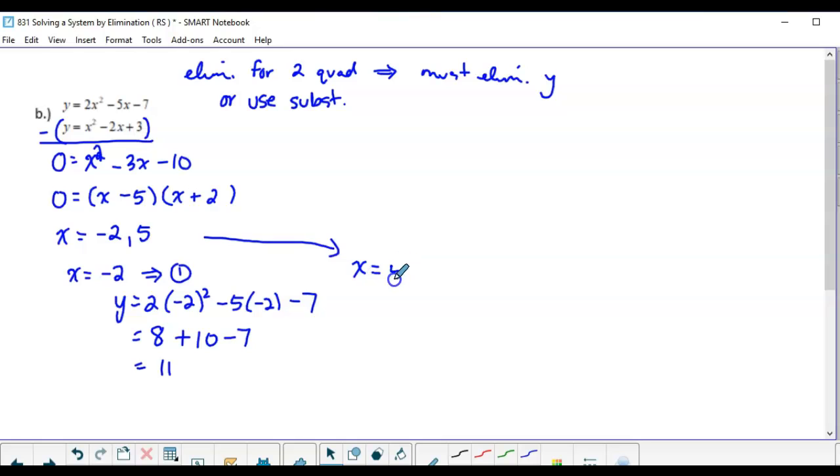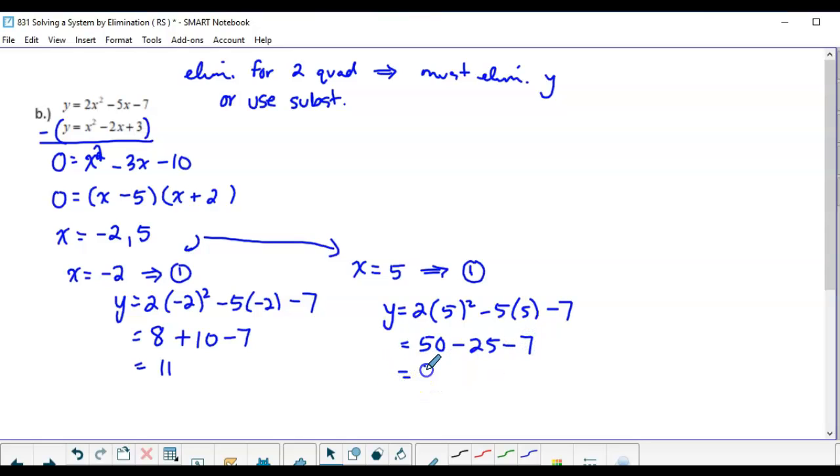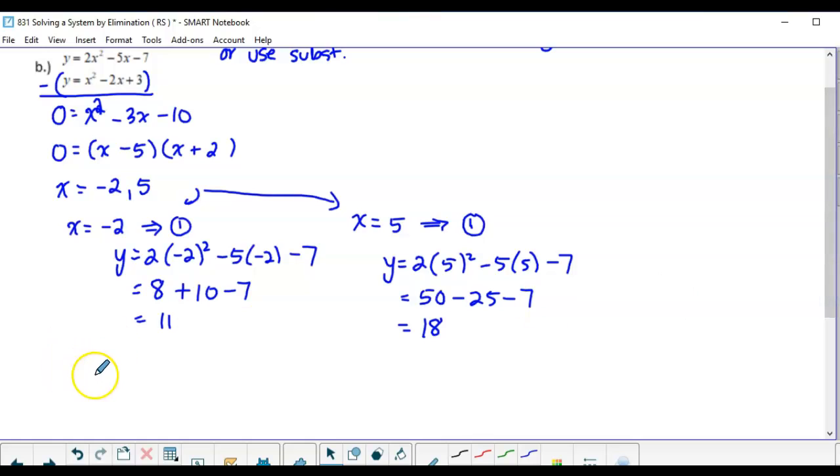And then x equals 5, into, again, equation 1, will be y equals 2 times 5 squared minus 5 times 5 minus 7. It's going to be 18. Okay, so we're going to have two solutions.